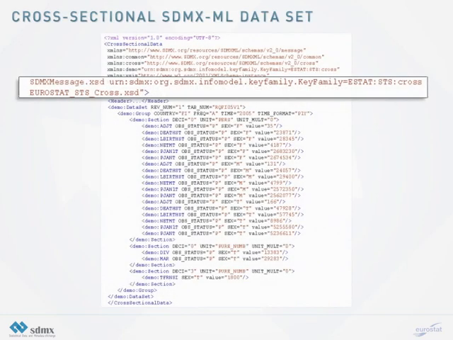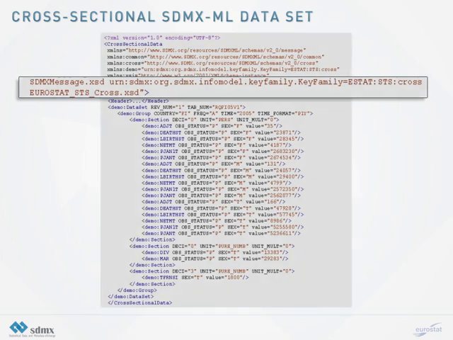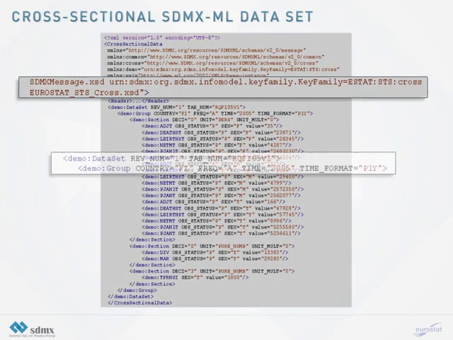In the top declarations of this message, a DSD-specific cross-sectional XSD has to be included in order to enable syntactical validation of the message. The group element is independent of the groups included in the DSD.